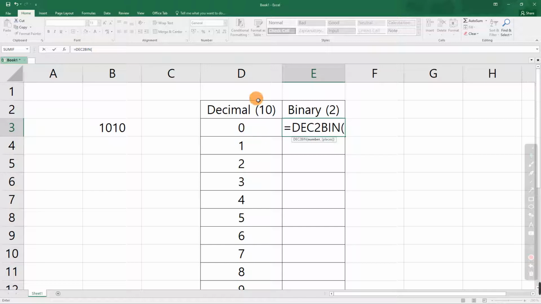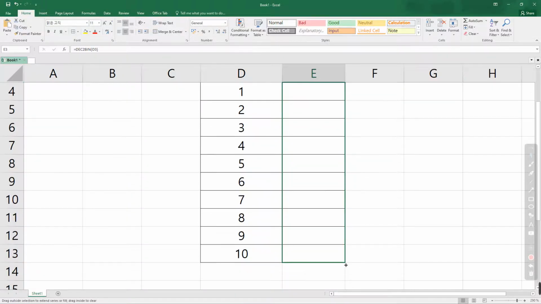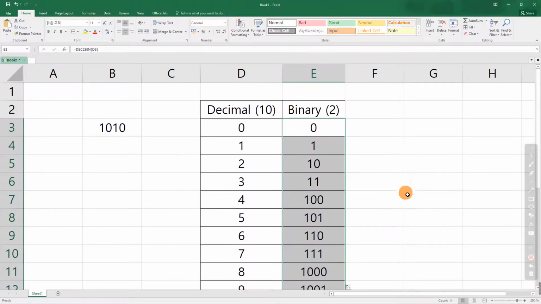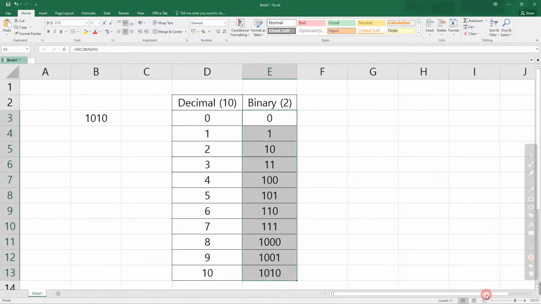So I will select cell D3. Then I will simply close the parentheses and press enter. Then I will simply copy it to other cells. Now you can see that we have converted decimal numbers to binary numbers.